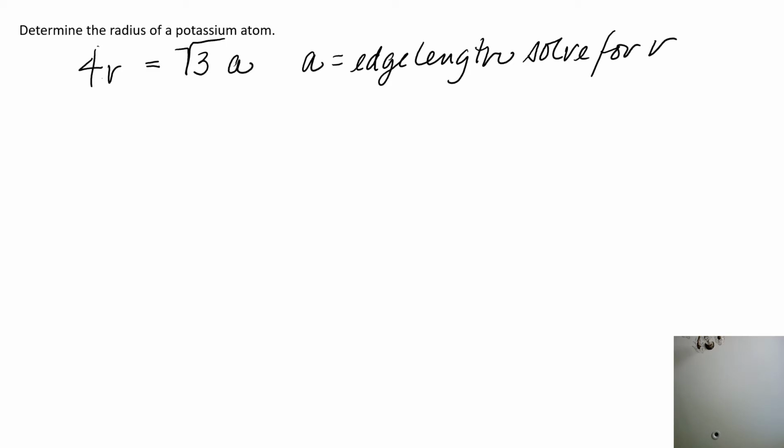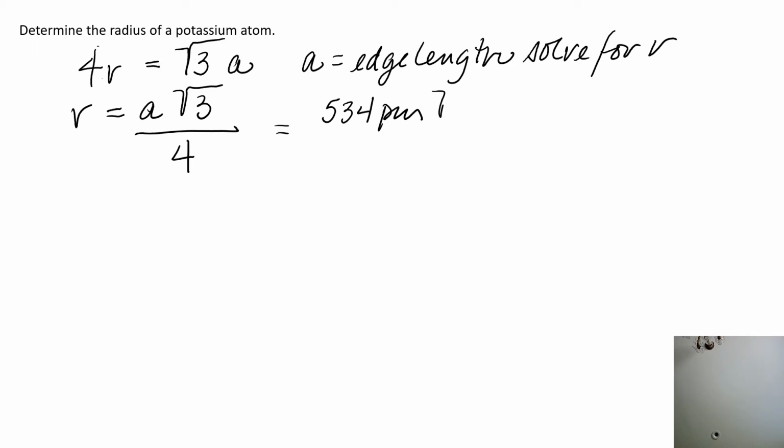If we rearrange to solve for r alone, we have A times the square root of 3 divided by 4. We just determined our edge length of 534 picometers. We multiply that by the square root of 3, divide by 4, and we get a radius of 231 picometers.